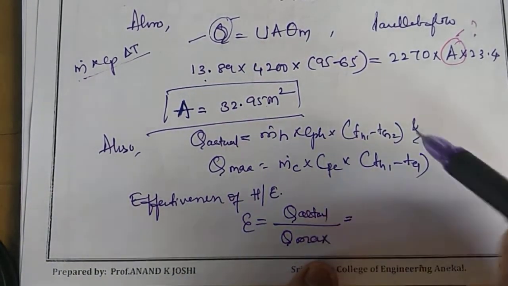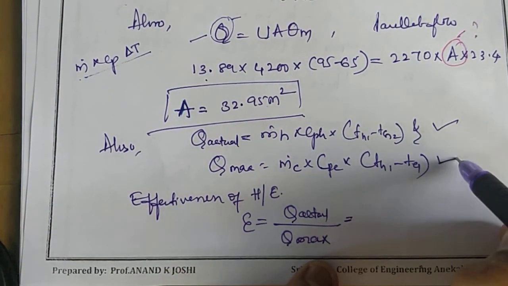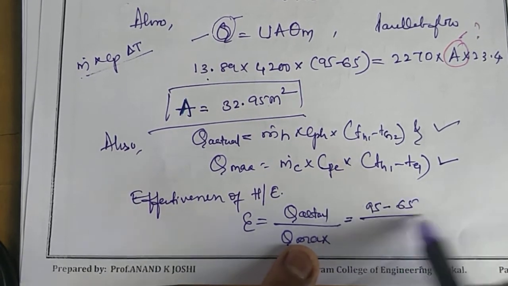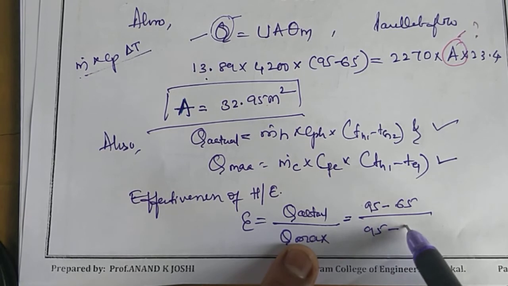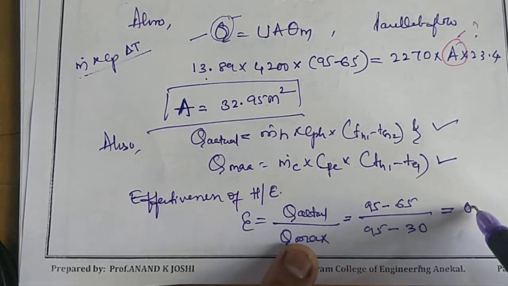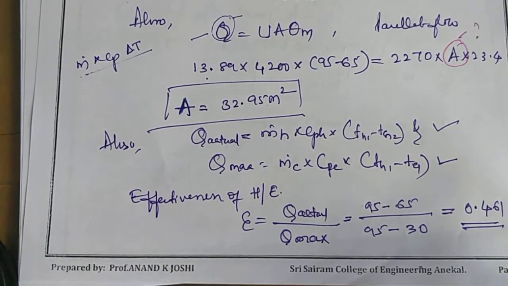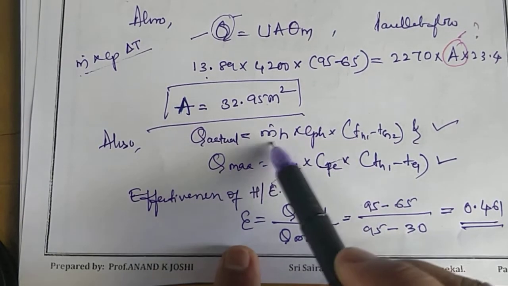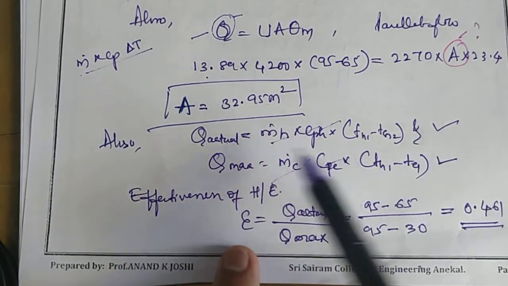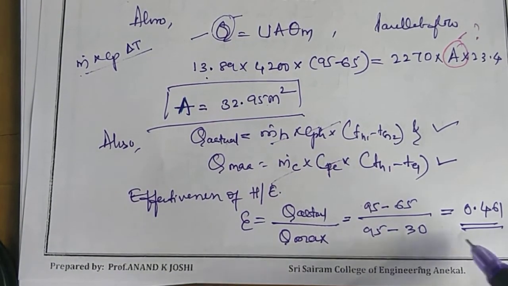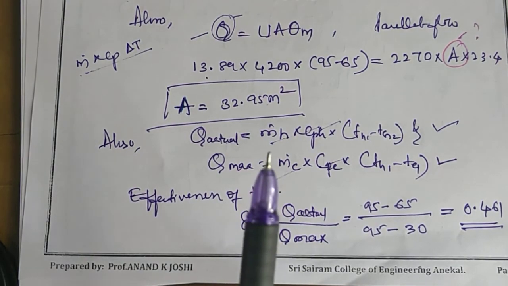So Q actual is this and Q max is this. Okay, substitute the values: 95 minus 65 divided by 95 minus 30, you will get 0.461. So effectiveness is 0.461, because here these two terms get cancelled. If you take this ratio, both are cancelled, and only the temperature terms remain, then you will get the value 0.461.